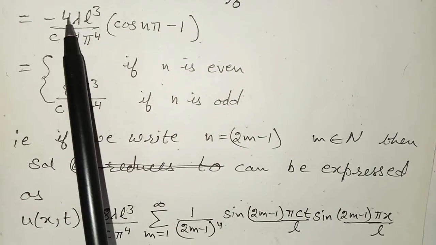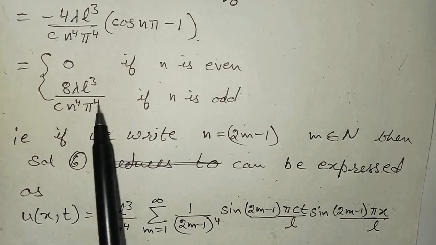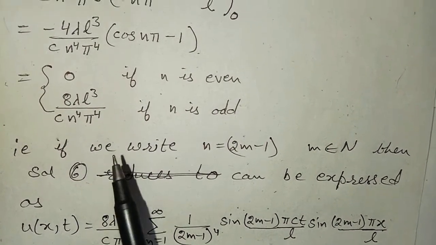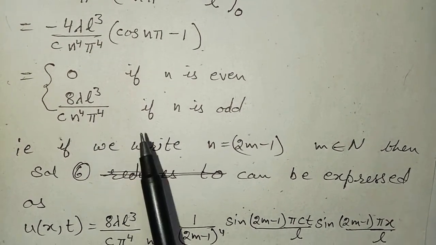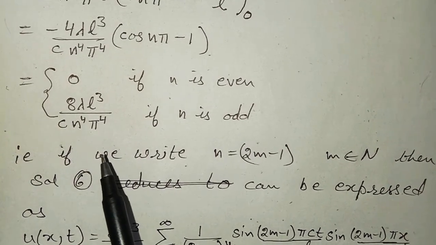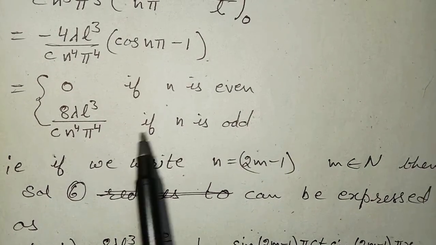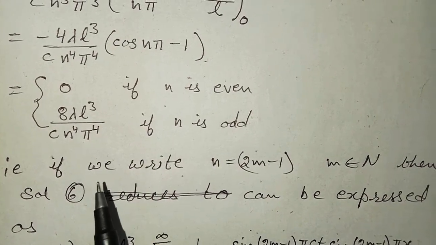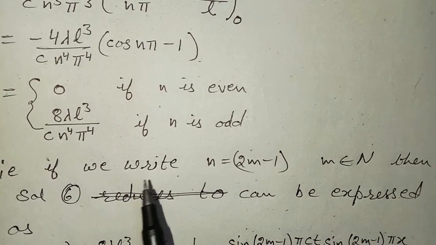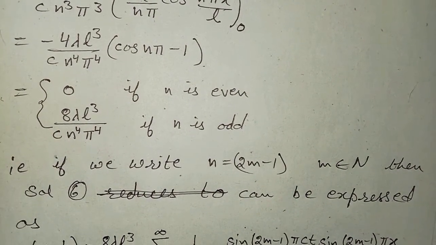So this will become 8 lambda L cube by c n raised to the power 4 pi raised to the power 4. So for all b2, b4, b6, when the subscript is even, all bn's are 0. We are left with only bn's with odd subscript: b1, b3, b5.